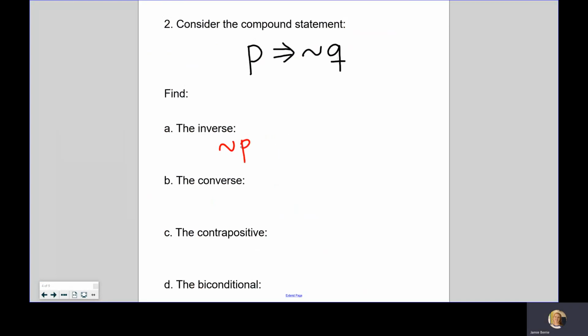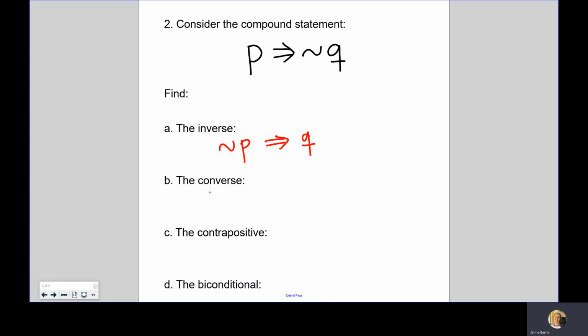It may not bother y'all, but it really bothers me. All right, now, so again, the inverse is where you just negate both sides. So we negated P, and then when you negate not Q, it just turns into Q.